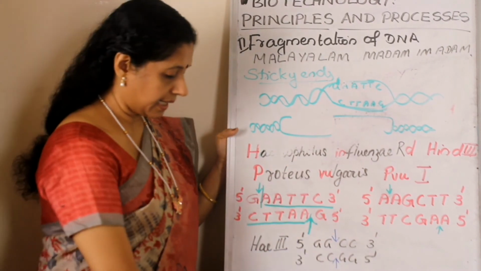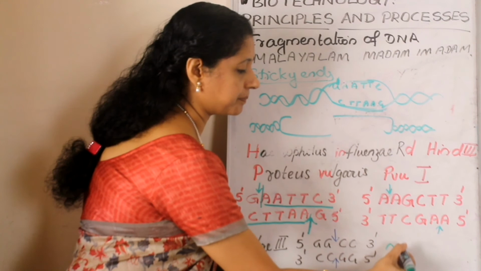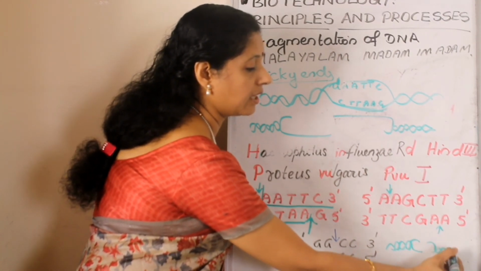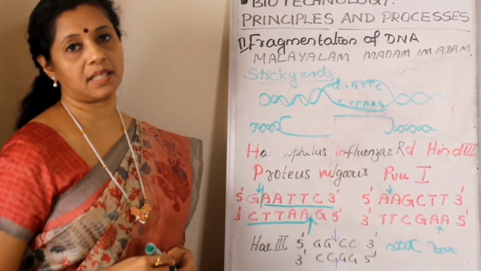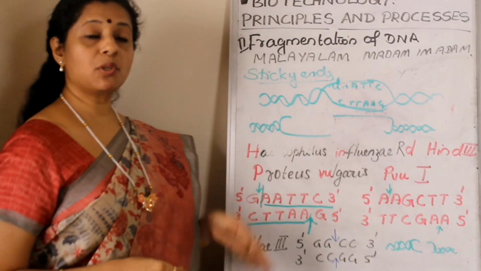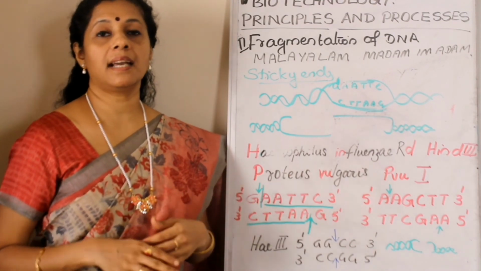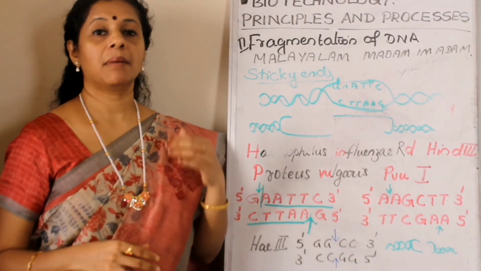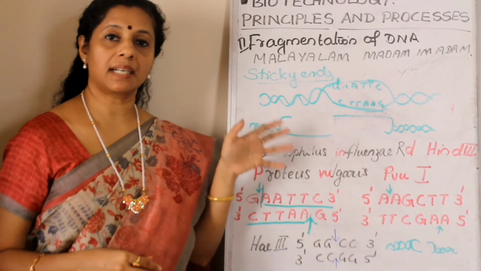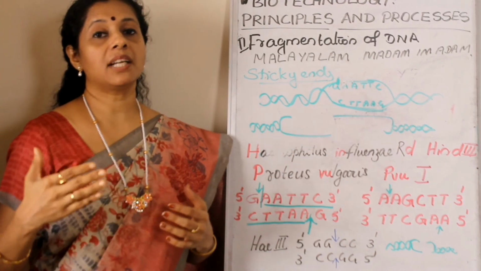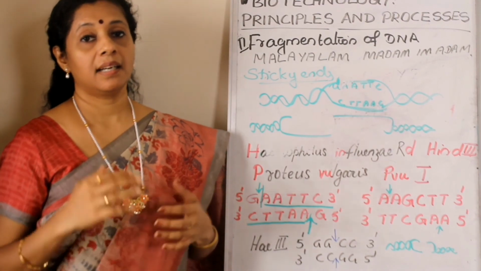So we are getting a blunt end. No sticky end or staggered end is present here. So the type 2 restriction enzymes can produce either sticky ends or blunt ends, but for rDNA technology we want the restriction enzymes cutting with sticky ends, so that we can join with another DNA of interest.